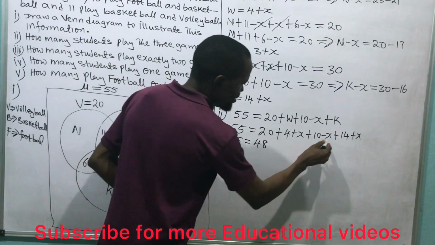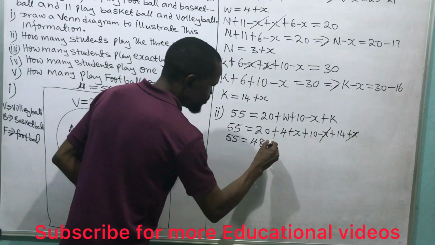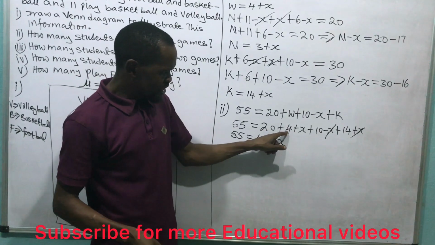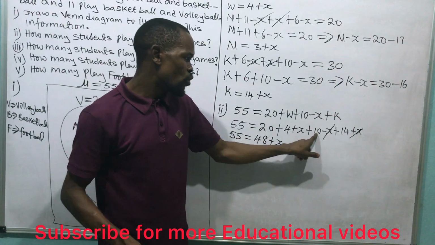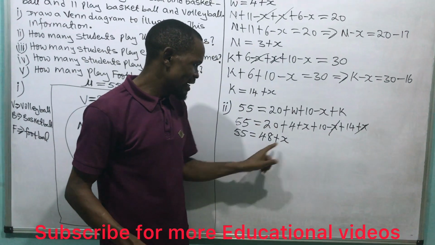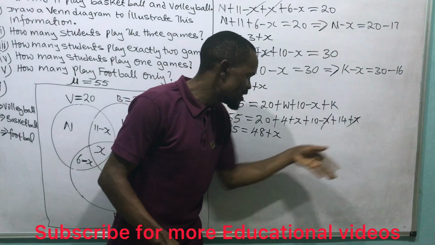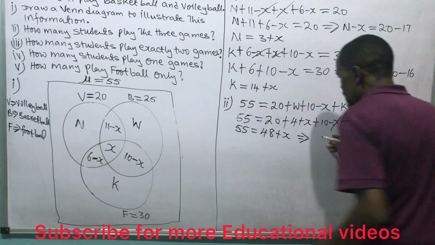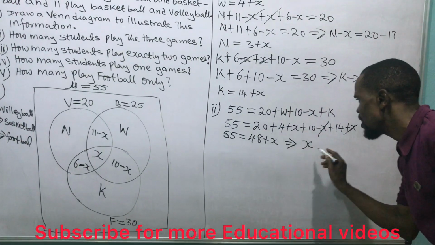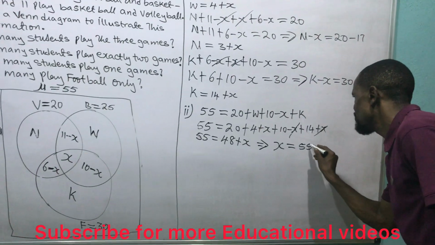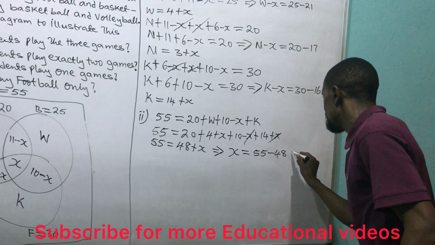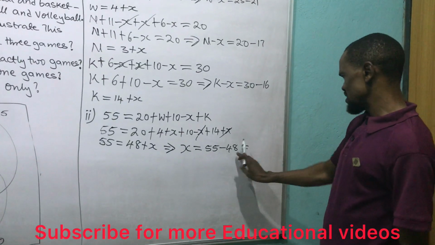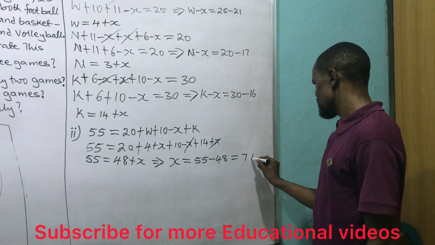And this minus x plus x is gone, and I have plus x over here. This implies that making x the subject of the formula, I will have x equals 55 minus 48. And that gives me that my x is 55 minus 48. That gives me 7. That's my answer.